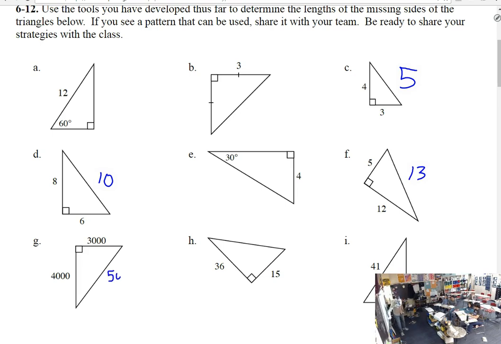I did that with the F, because if you multiply 12 times 3 and 5 times 3 to 15, so you multiply 13.